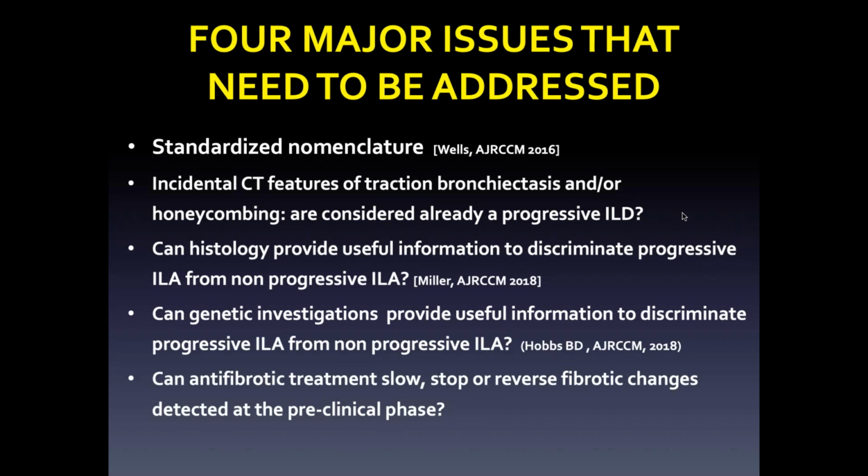And can antifibrotic treatment slow, stop, or reverse fibrotic changes detected at the preclinical phase? So I think we have enough time, you can put your questions or write down your question. I can try to answer.